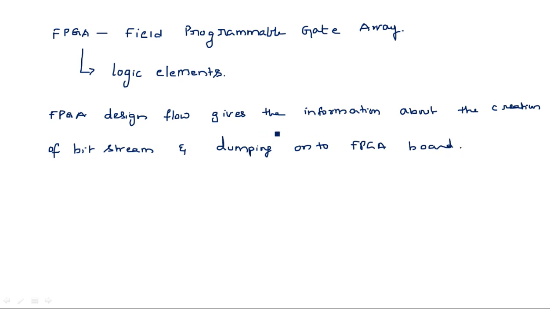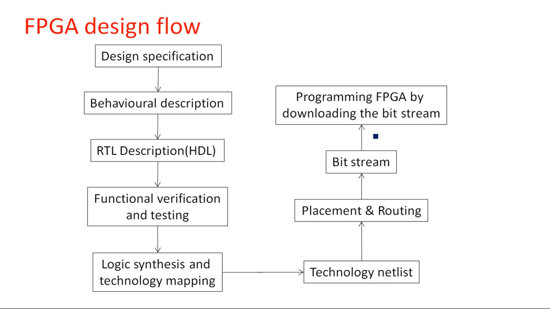Okay, in this design flow we are going to study about the creation of a bit stream, how the bit stream is going to be created, and later we are going to see the dumping onto the FPGA board. Once the dumping is completed, then we can verify the physical operation of the logical circuit whatever we require. Okay, so let us move on to the FPGA design flow.